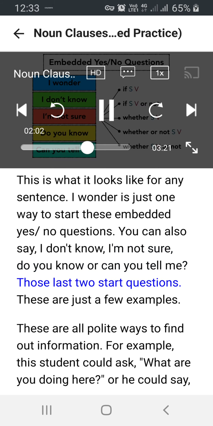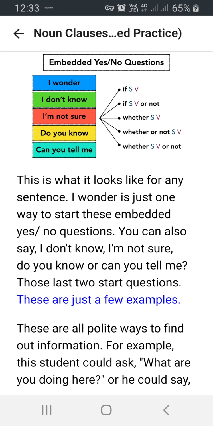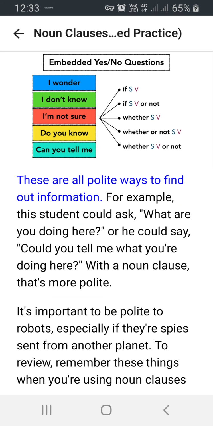Those last two start questions. And these are just a few examples. These are all polite ways to find out information.